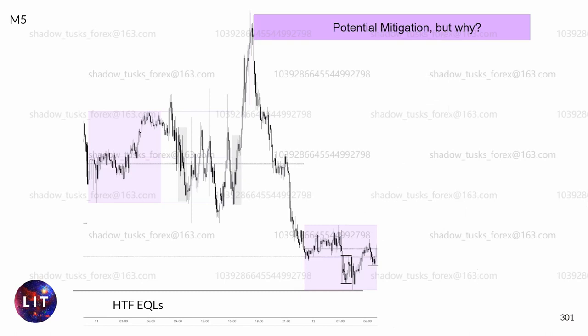So obviously we don't want to predict, but we want to have what can happen in our mind, the different scenarios, and then when it comes to actually playing them, we react to what we see. We don't want to predict anything.